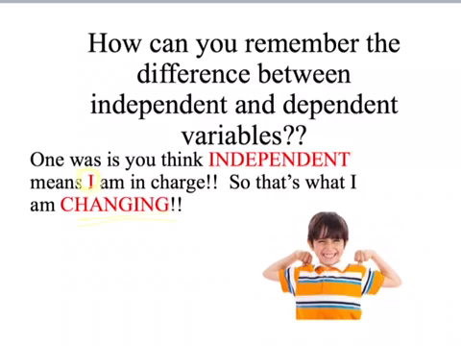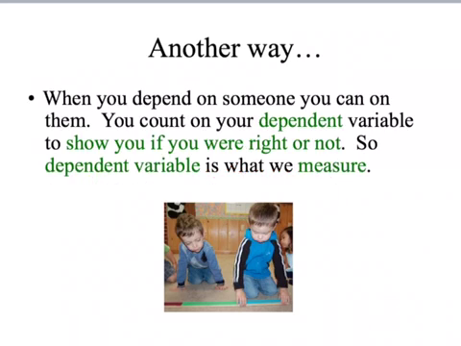Independent, the one thing I am changing. For dependent variable, I think, well, I depend on someone and I count on them. And I'm going to count on my dependent variable to be able to show me if I was right or if, as a scientist, I was wrong. And the only way I can check to make sure I'm absolutely right or absolutely wrong is by measuring something.